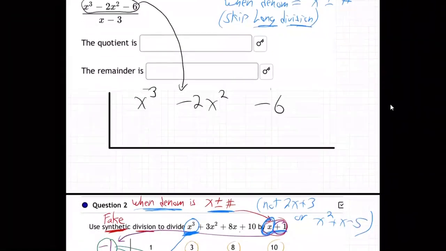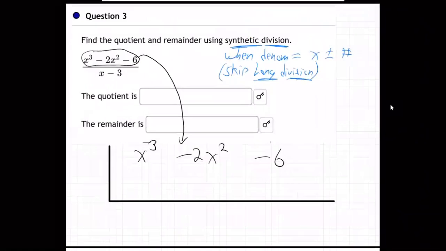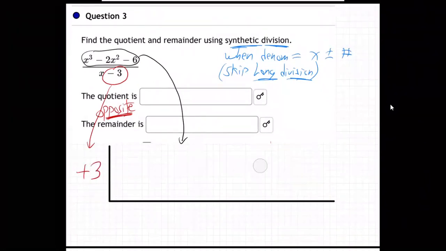It goes right out here, it's the opposite of the number next to x. So it's going to be plus 3. Oh, I wasn't supposed to bring it. You know, I'm messing up. I was just supposed to bring down the numbers. I'm getting confused myself. Just the 1 and the -2. Oh, and a 0 and a -6.